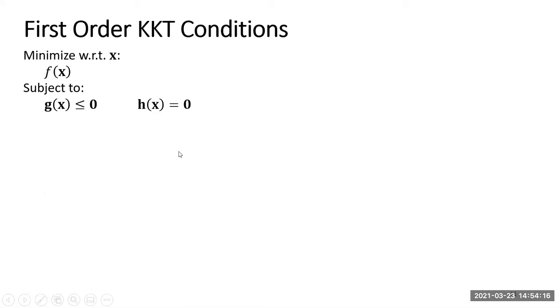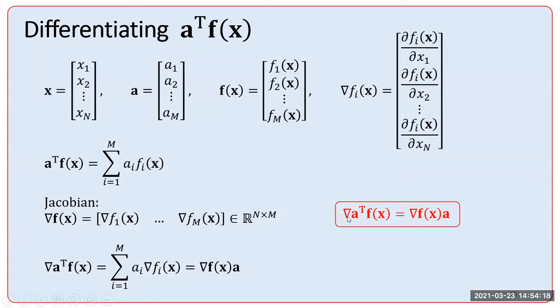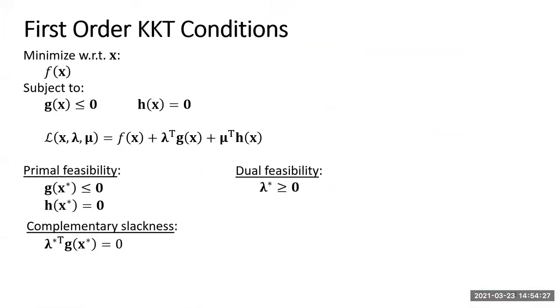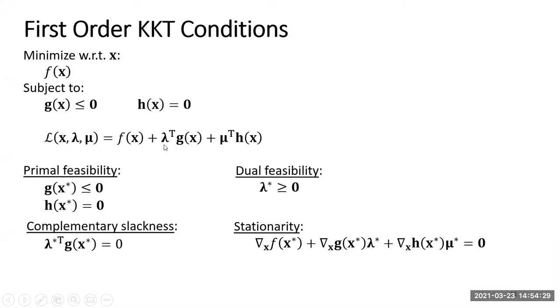Remember the previous slide? The derivative of A transpose f equals del f times A. That's the same expression I'm applying here. The derivative of lambda transpose g equals Jacobian of g times lambda. Likewise for the third term, mu transpose h, the derivative of that is Jacobian of h times mu star. And that must be equal to 0.